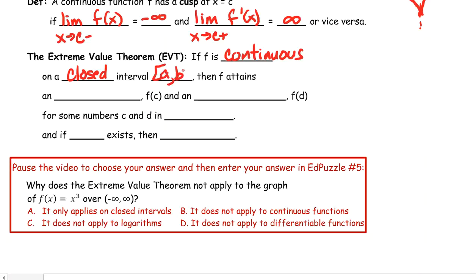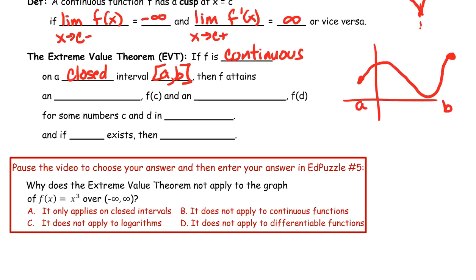So on a closed interval from a to b, think what we're talking about. We're talking about any type of graph that is continuous from a to b, and the endpoints are closed, not open, because we could have our global max or min at the endpoints.